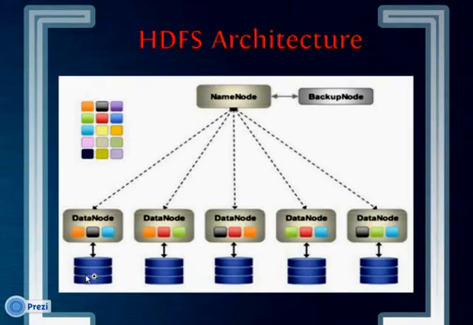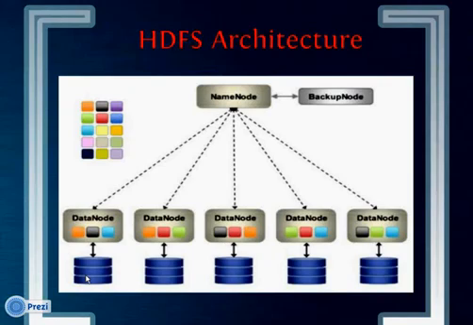This blue disk means every data node, every slave machine, has its own storage. There is no centralized storage in Hadoop. So whatever file you want to copy, suppose the Walmart purchase history, that file will be split into multiple parts and stored across multiple machines. So this is all about your HDFS architecture.